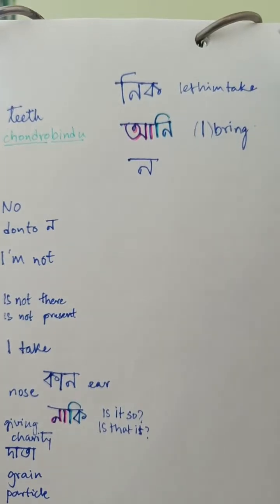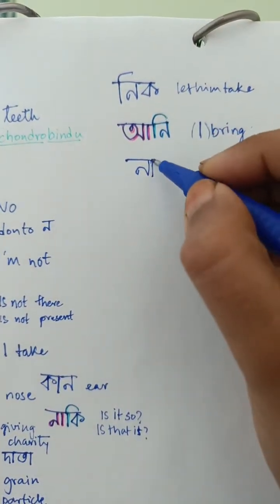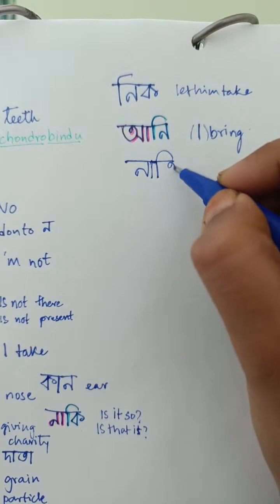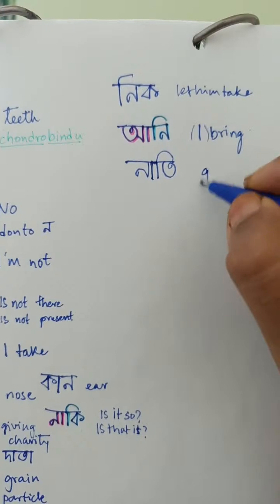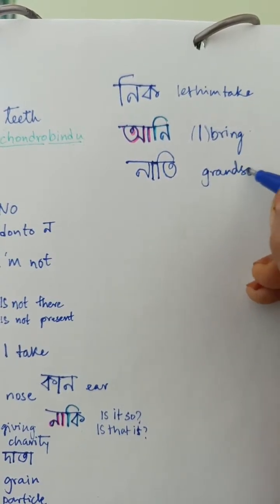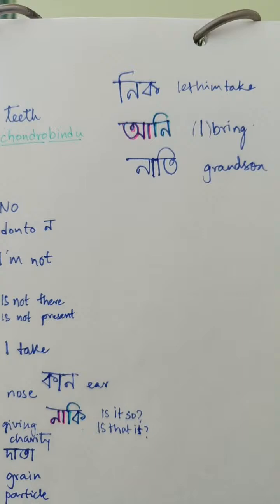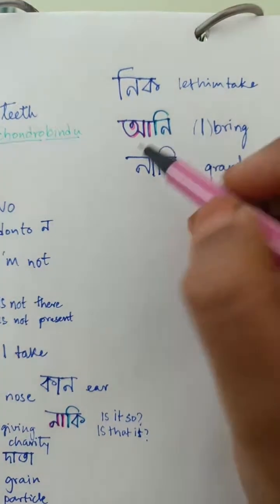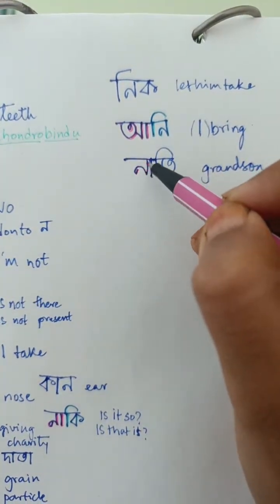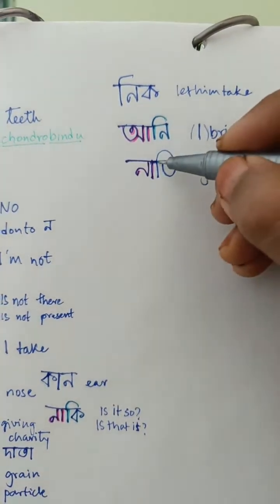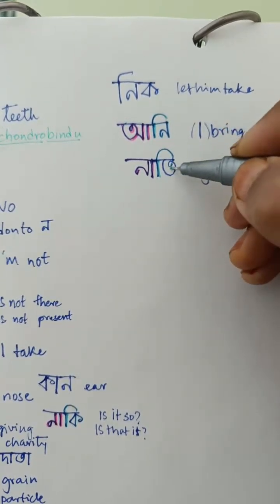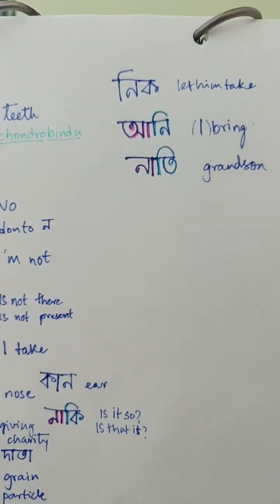So ani. Next word, this means grandson. So nai akar and toy ikar. Nati. Nati.